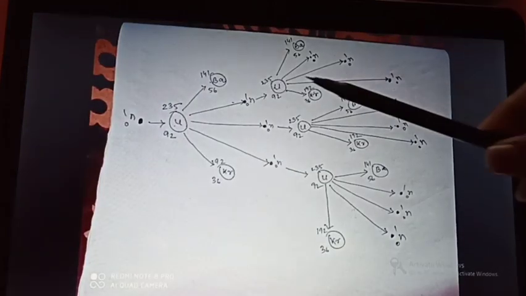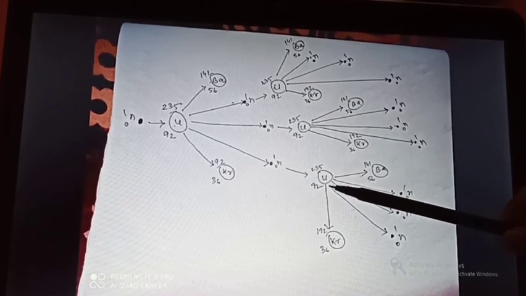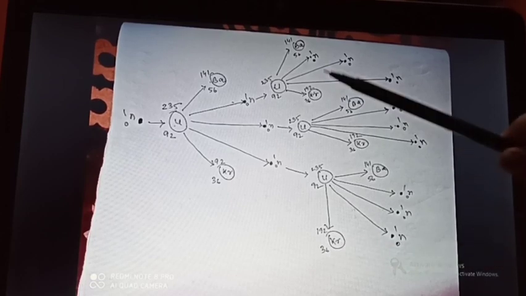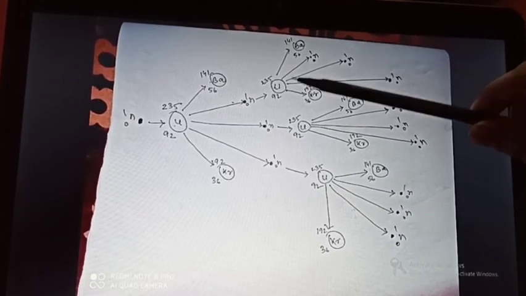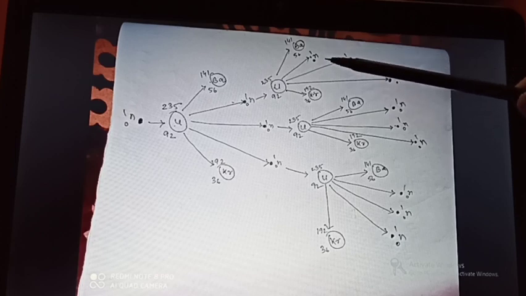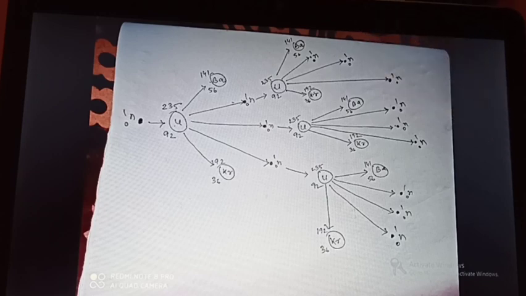Now what will happen? These accelerated particles will hit 3 different nuclei of uranium, and each nucleus will split into barium and krypton, and at the same time each will produce 3 neutron particles. Now how many neutrons are there? 9 neutrons. Again each of the 9 neutrons will hit 9 nuclei of uranium, and produce barium and krypton, and at the same time each will produce 3 neutrons, and as a result 27 neutrons will be there.